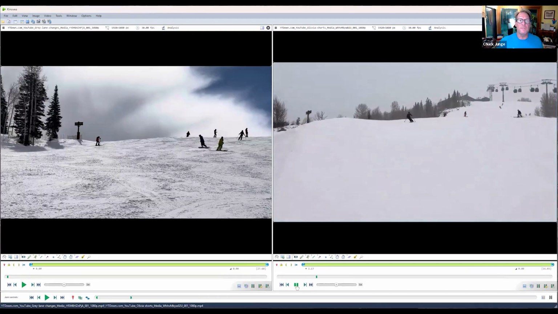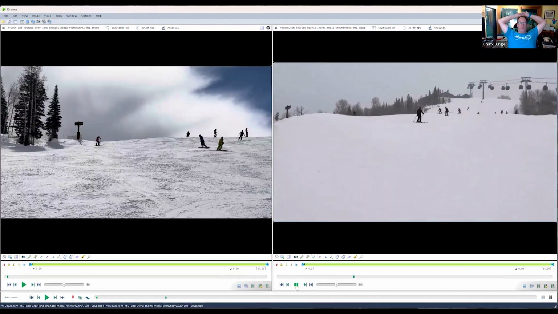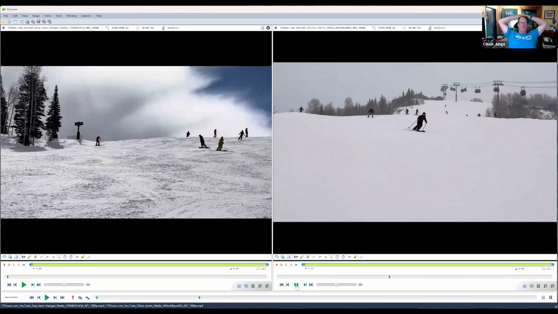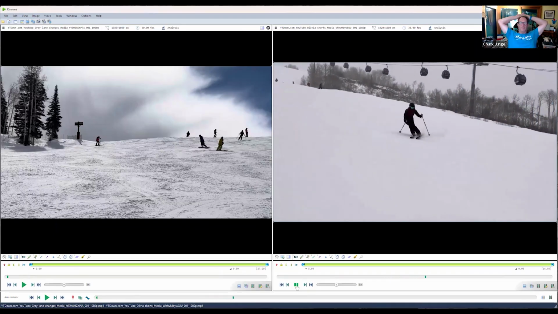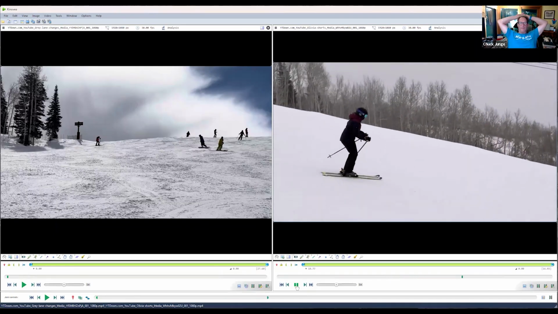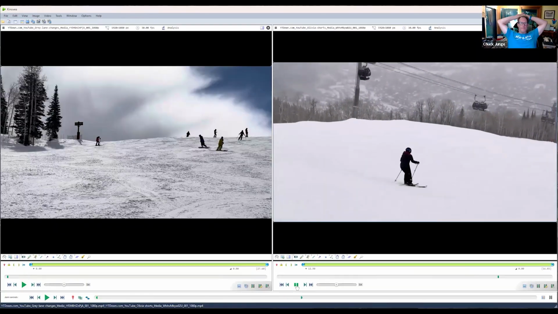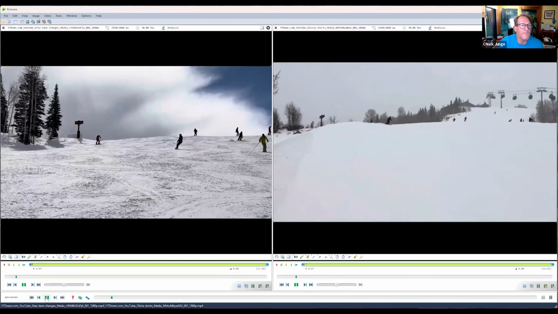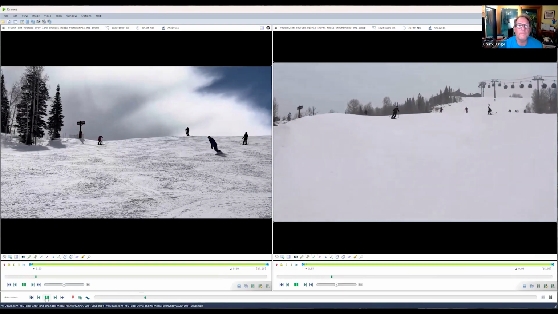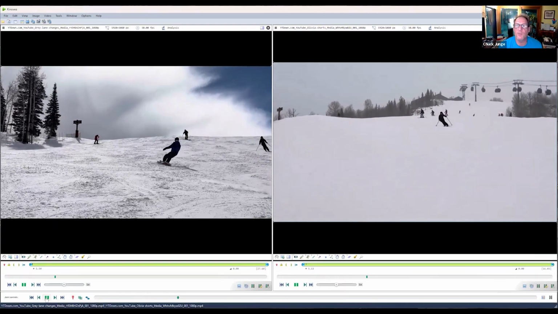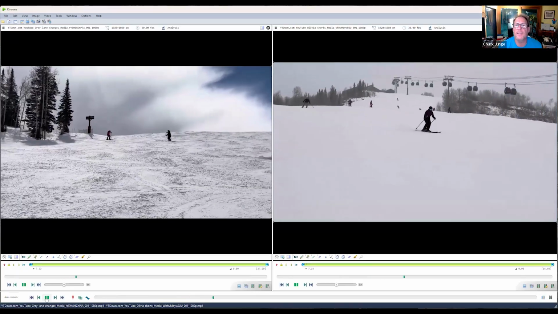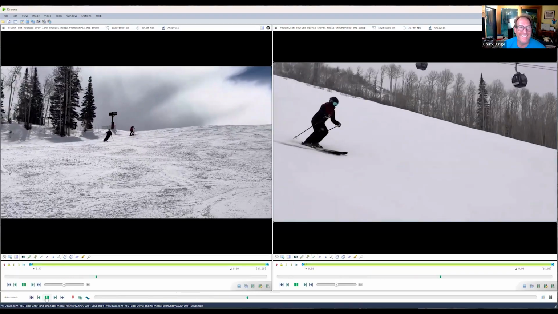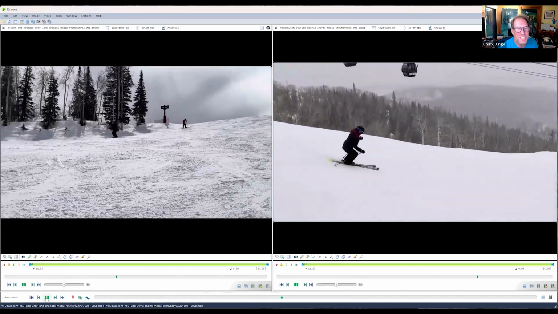Rotation. Let's just talk about rotation. Don't everybody volunteer at once. I know you're all dying to speak. Don't be scared.